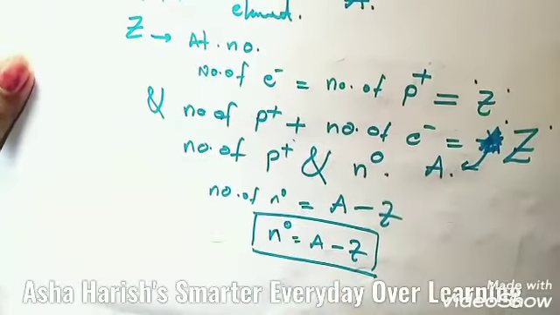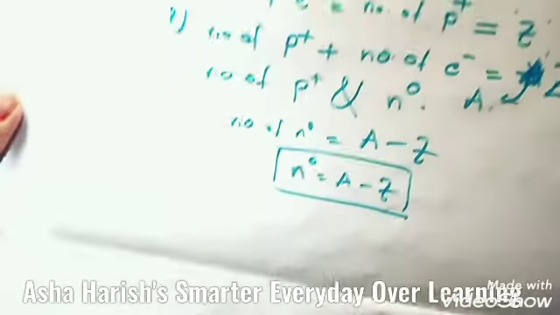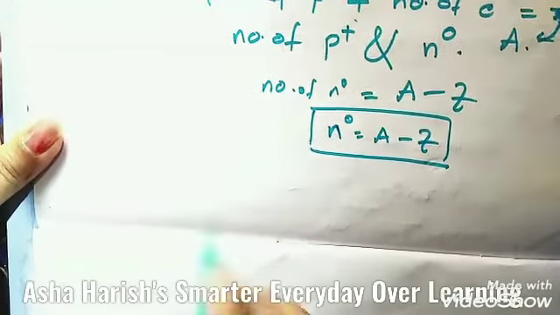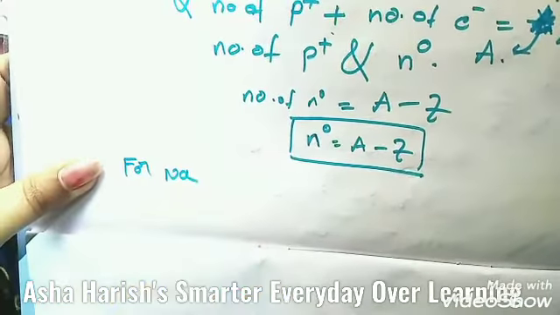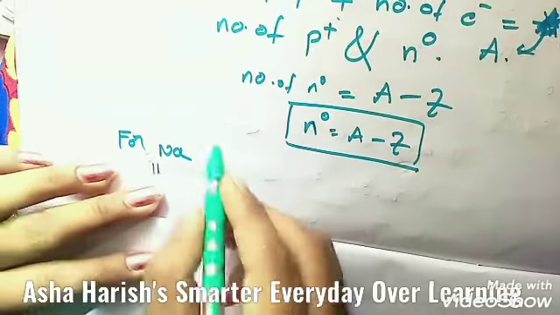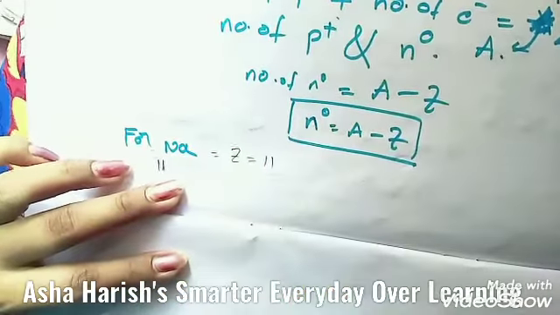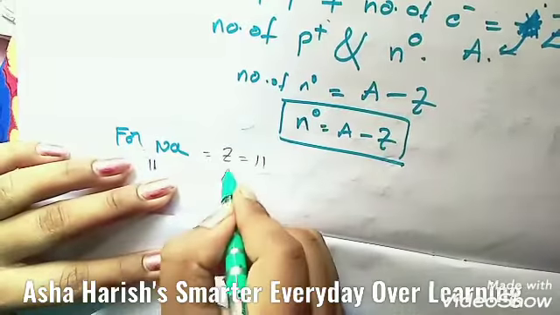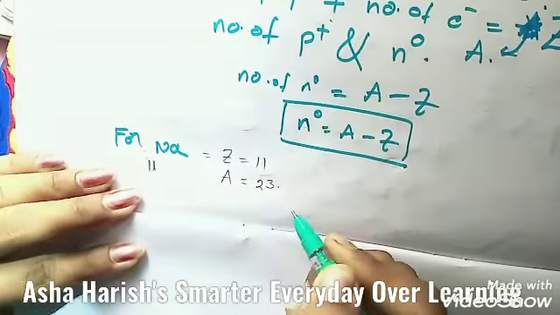We can do this calculation by taking some examples, students. The first example is the sodium atom. For sodium, the atomic number is 11, that means Z is equal to 11, and the sodium mass number, that is A, is 23.